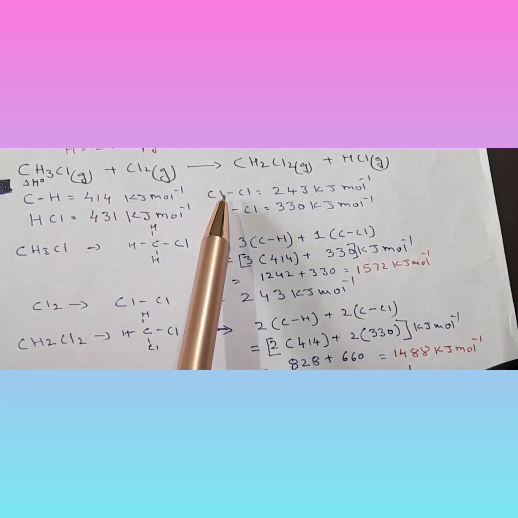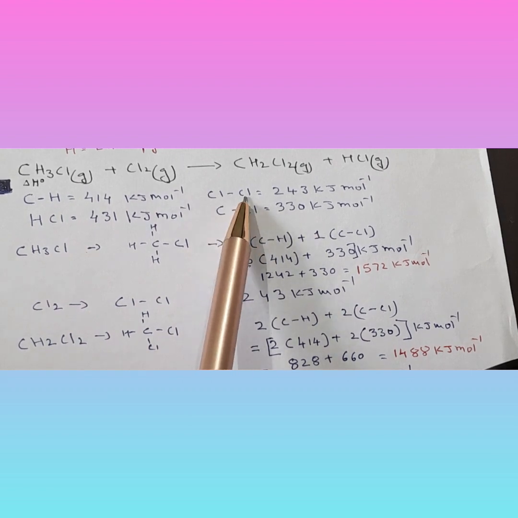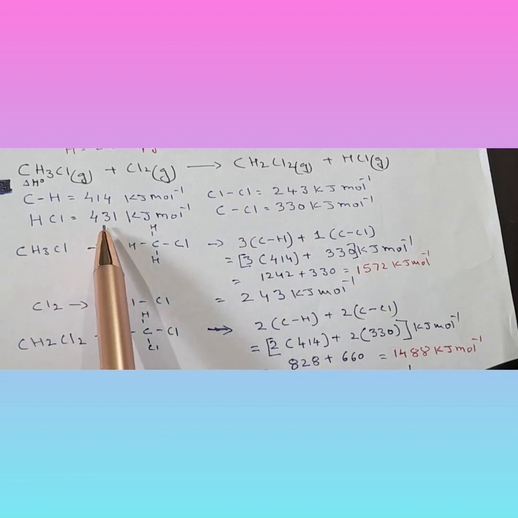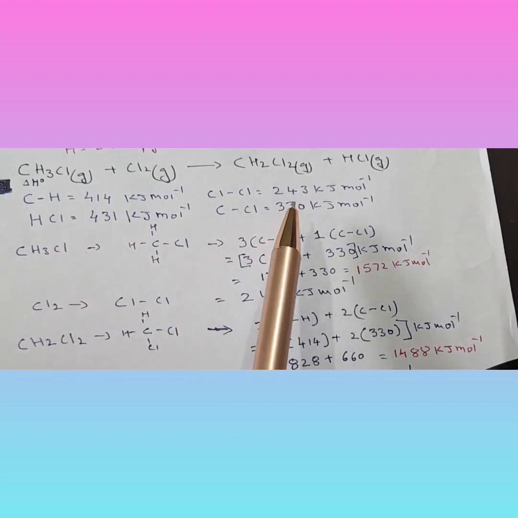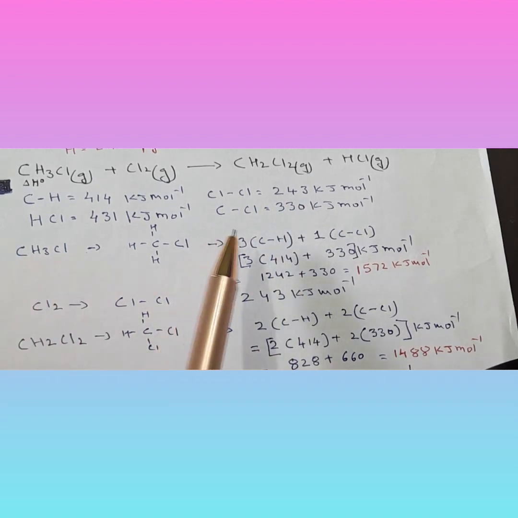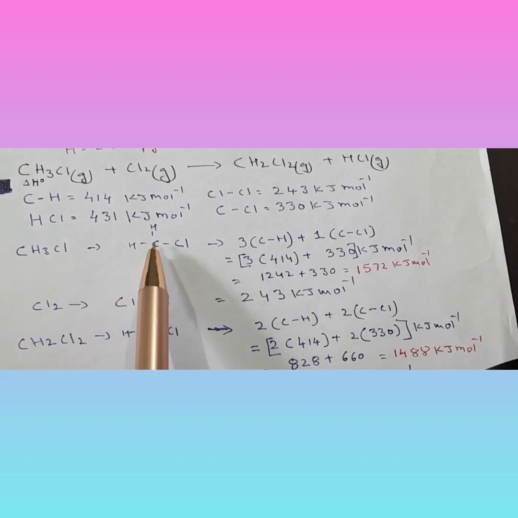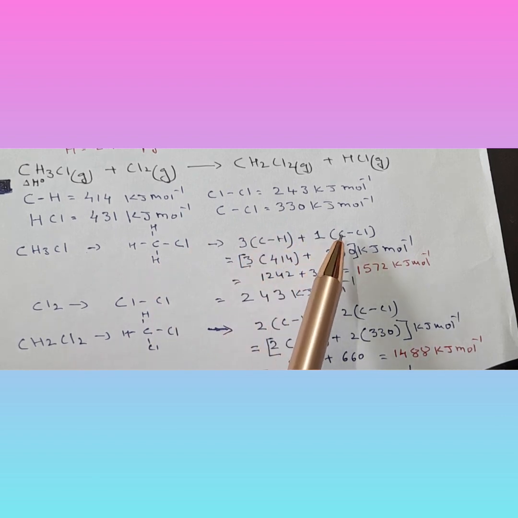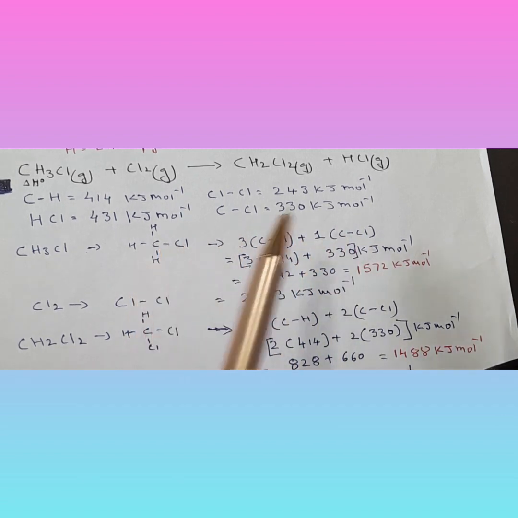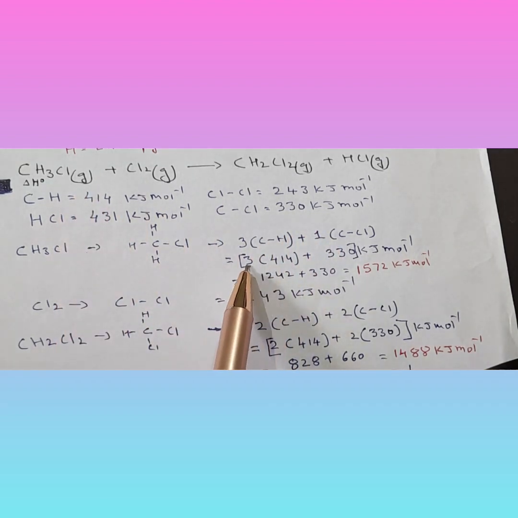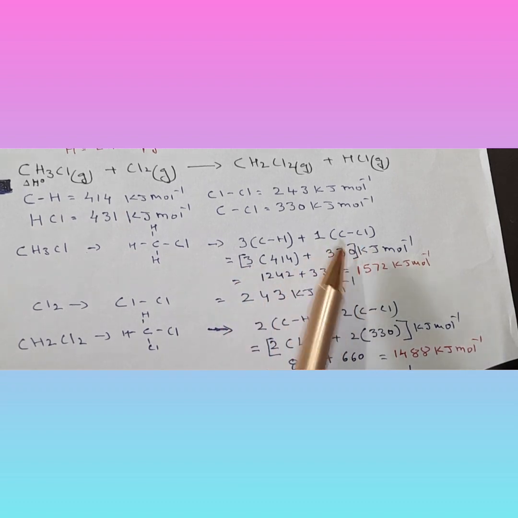Similarly here, a single bond of ClCl breaking requires 243, HCl requires 431, CCl requires 330 kilojoule per mole. Now when we pick up CHCl3, we know it has 3 CH bonds and 1 CCl bond. So it is 414 into 3 plus 1 of CCl, which is 330.